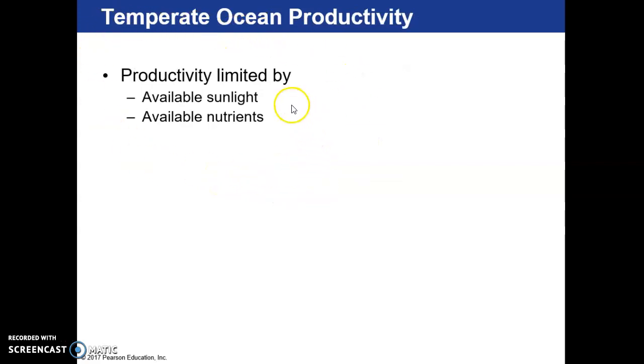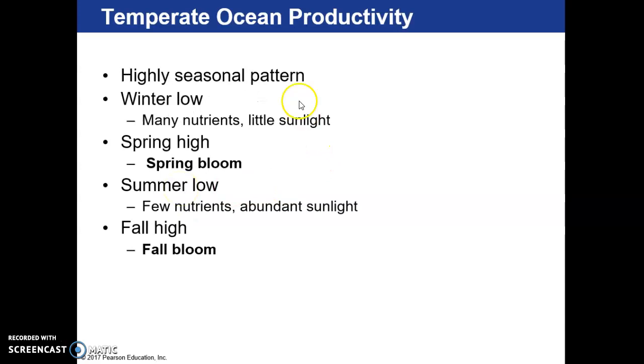In your temperate oceans, you have a lack of availability of sunlight because we're not getting direct sunlight most of the time, and then available nutrients as well is difficult. So you see this highly seasonal pattern. So winter obviously is going to be low productivity, and spring is very high because you get your spring bloom of phytoplankton when your sunlight comes back.